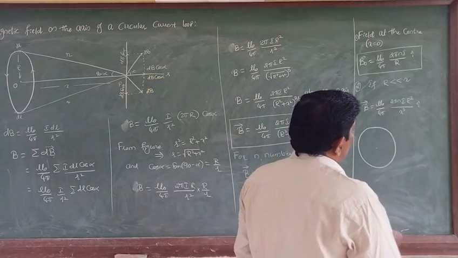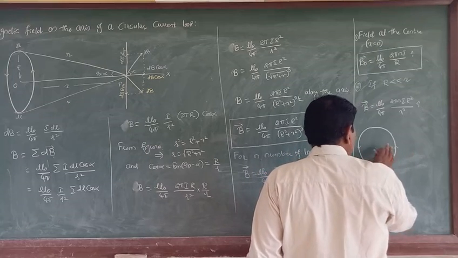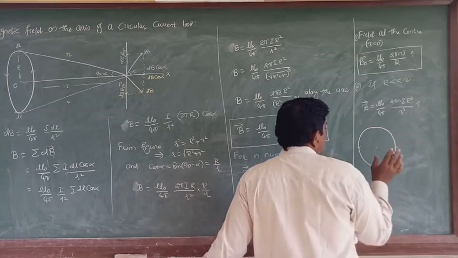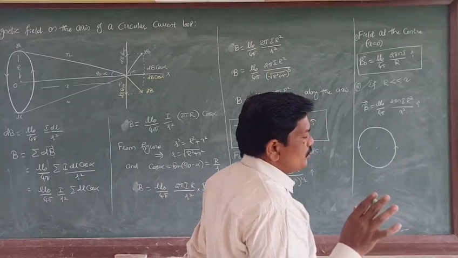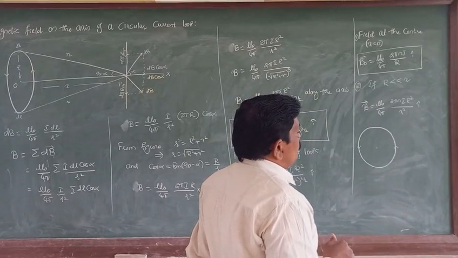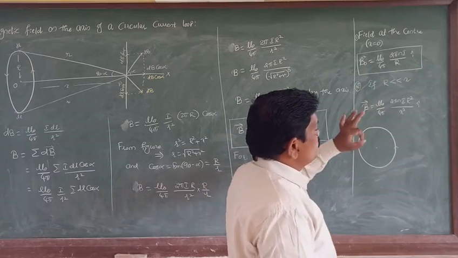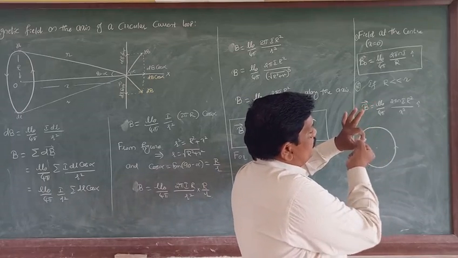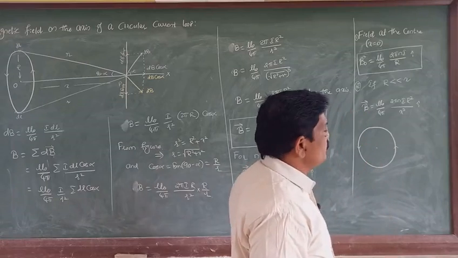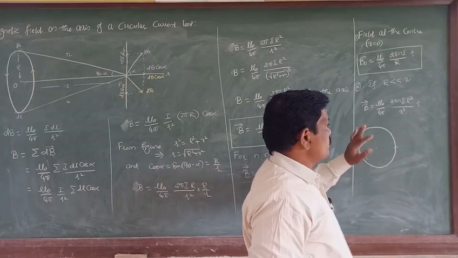Suppose the current is in the clockwise direction and the plane of the coil is the same as the plane of the paper, or the board, or the screen. The direction of the field is along the axis, but there are two possibilities: towards the observer or away from the observer.